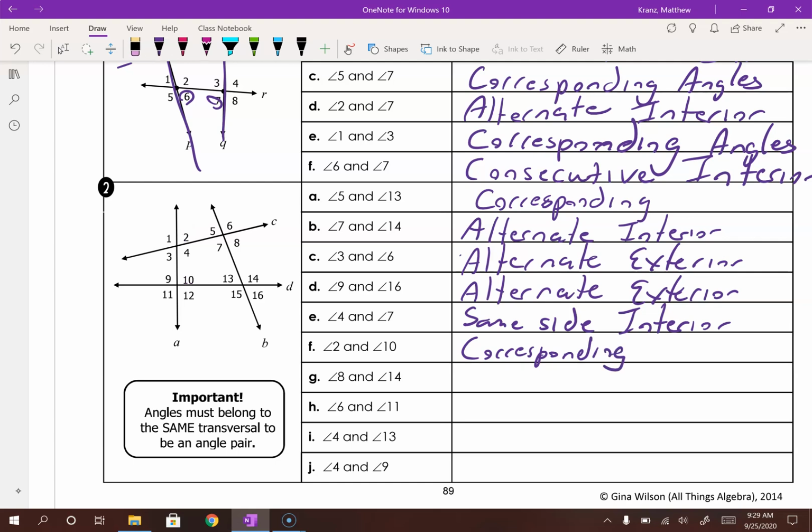8 and 14, those are same side interior. 6 and 11, those ones have no relationship. You can't go diagonal. 4 and 13, also no relationship.